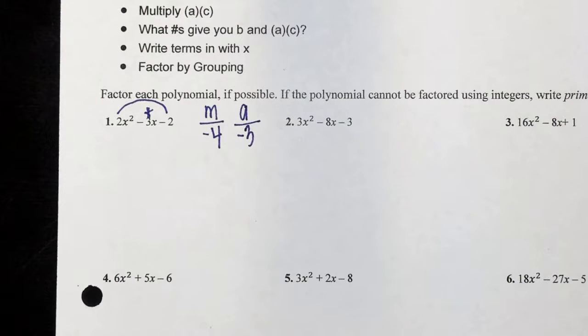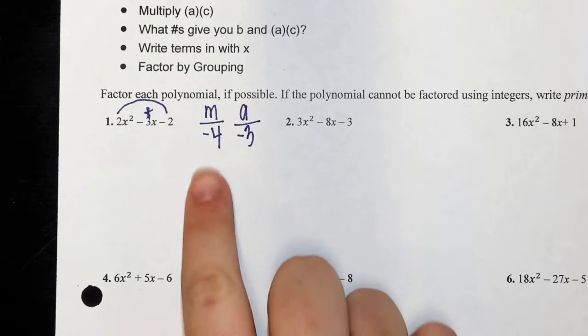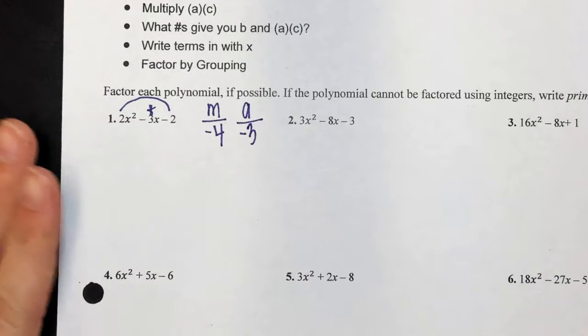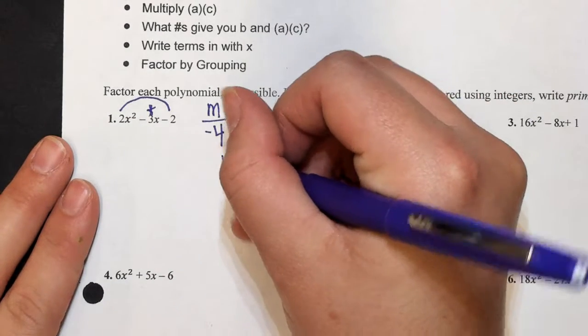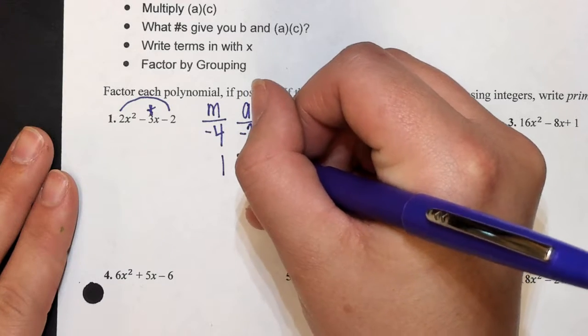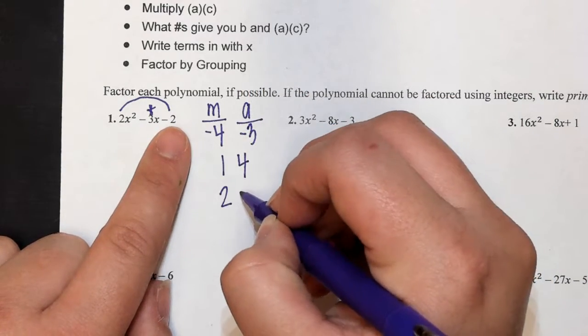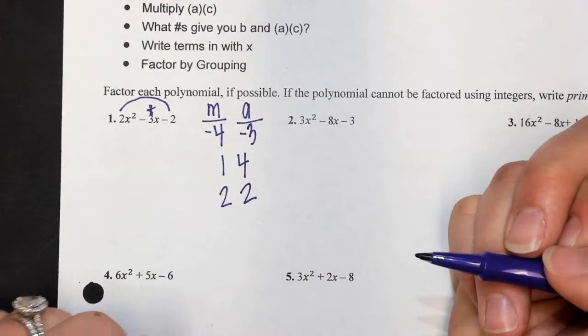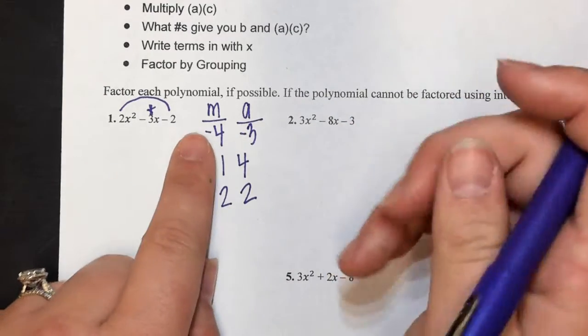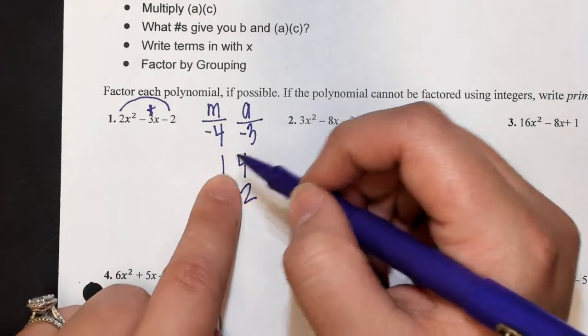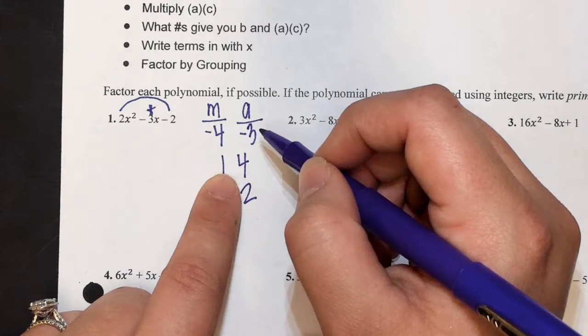So here we go. We're back to the step where we have to find two numbers that multiply to be something and add to be something. Well, let's list the factors of 4. 1 times 4 is 4, and 2 times 2. Well, here's the hard part. 1 times 4 is 4, but 1 plus 4 is 5.